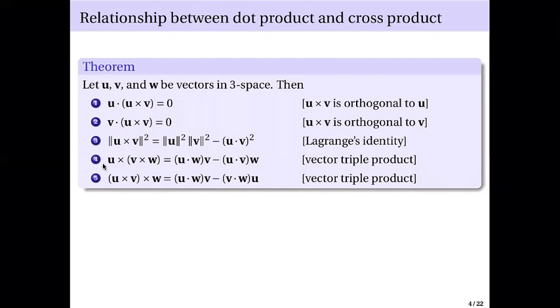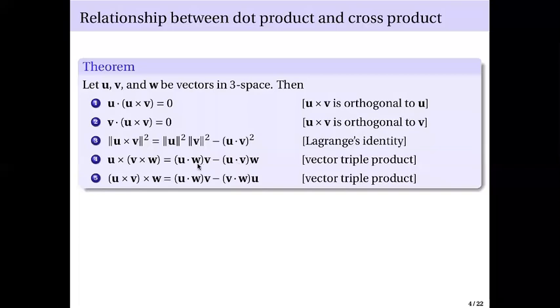Now, the fourth and the fifth identities here, we call the vector triple product. You see U cross V cross W, which is equal to the following: U dot W times V, so this is a scalar times the vector V, minus U dot V times W. Again, U dot V is a scalar, and multiplied by W it's a vector.